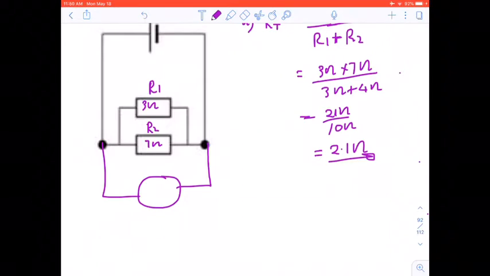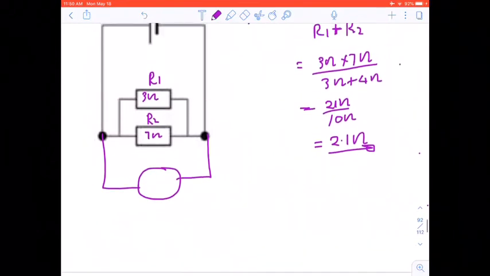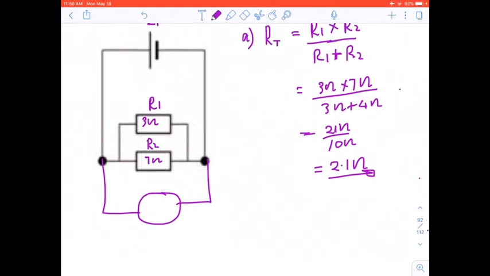Now, if that's our positive, conventional current comes in there, it goes here, then some is going to go there because it branches out here.